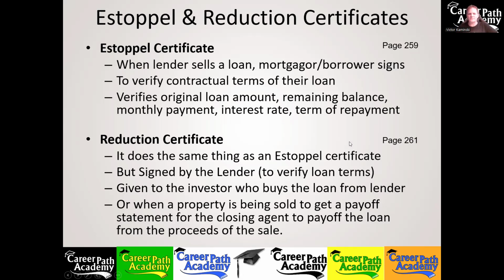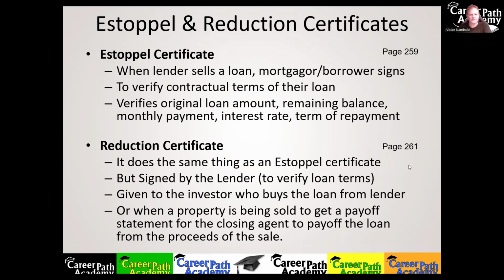You'll get it on exams. I doubt you'll get reduction certificate, but I have a full explanation here, a little bit quicker and simpler than the book's explanation. So, estoppel certificate and reduction certificate.